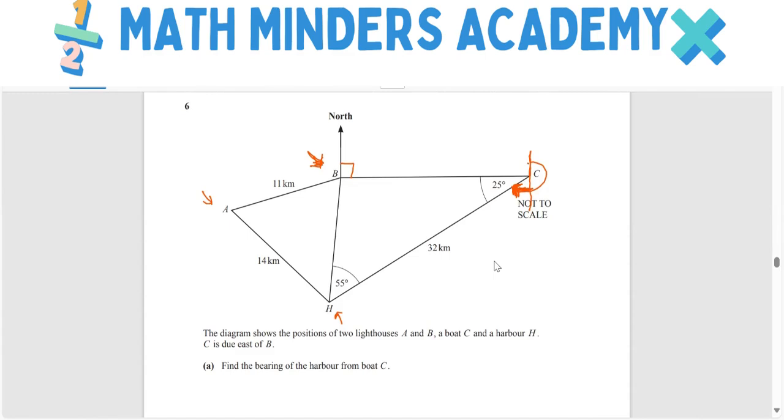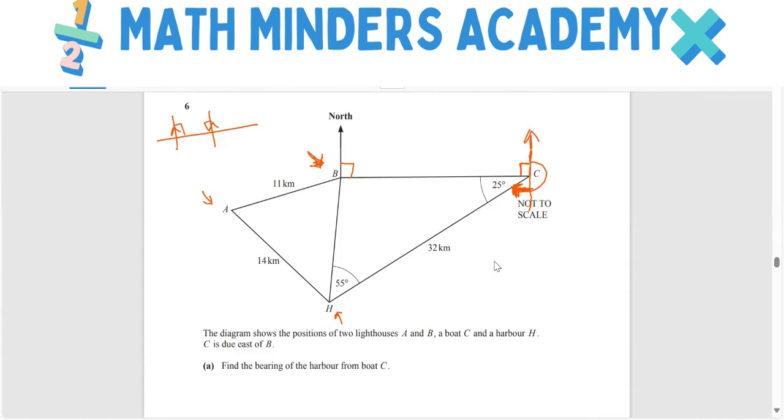Now remember that this is also 90, because this is North and this line here is due east. We have co-interior angles between two parallel lines. If this is parallel to this, and this is 90 here, definitely this is going to be 90 here, because the two lines are parallel.